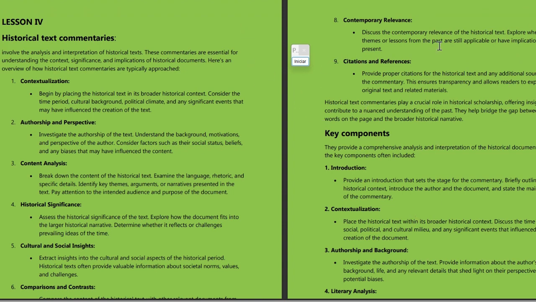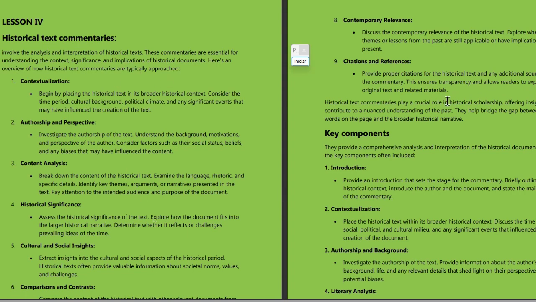as item number nine, we have citation and reference. This is important in every text commentary, but especially in a historical text commentary, because this ensures transparency and allows readers to explore the original text and related materials.